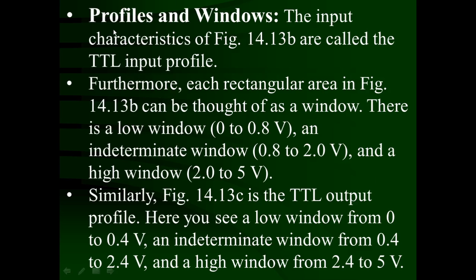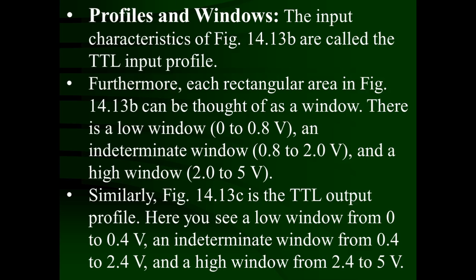Profile and window. The input characteristics of figure 14.13b are called the TTL input profile. Furthermore, each rectangular area in figure 14.13b can be thought of as a window. There is a low window, normally from 0 to 0.8 volt, an indeterminate window from 0.8 to 2 volt, and a high window from 2 volt to 5 volt.